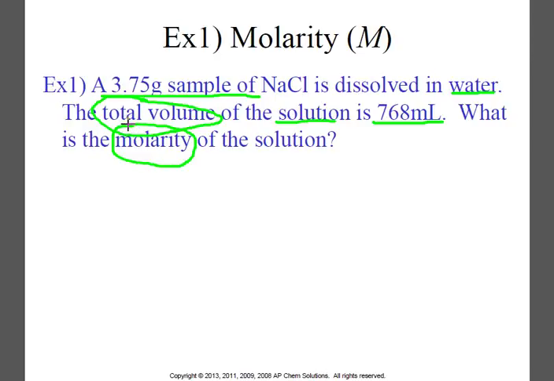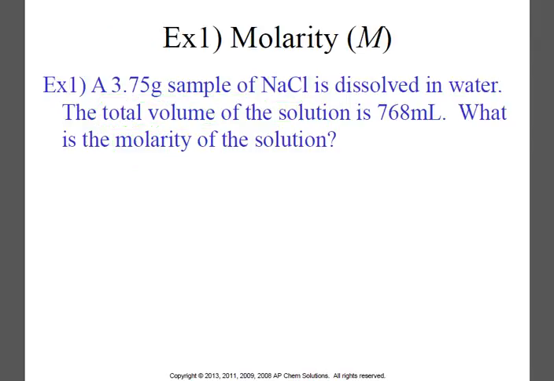All right, let's take a step back for just a second and talk about what type of solution this is. So we have sodium chloride, which is what type of compound? Ionic, and we're dissolving it in water, which is polar. So we're creating a solid in a liquid solution, and we're going to have an ion dipole interaction.